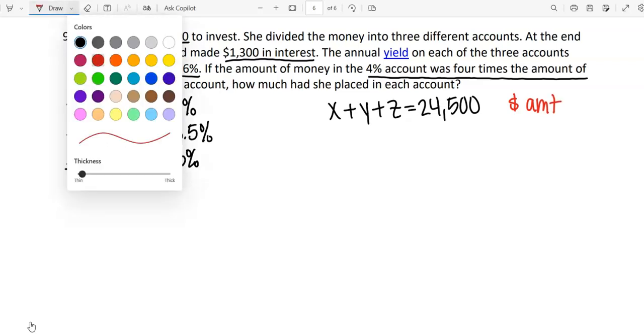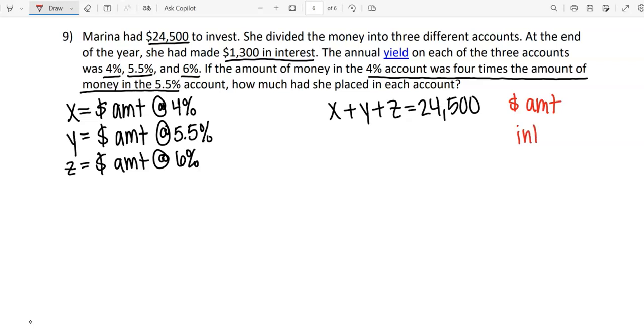Now let's talk about another equation that would represent our interest. How would you find the interest you've earned in the first account? What's the first account's rate? 4%. How do you write 4% as a decimal? 0.04, and that's multiplied by the amount in account 1, which is X. Same thing's going to happen with Y, but this one's going to be 0.055Y.